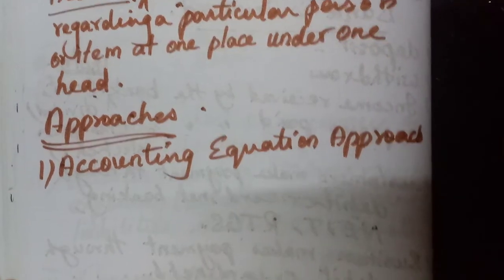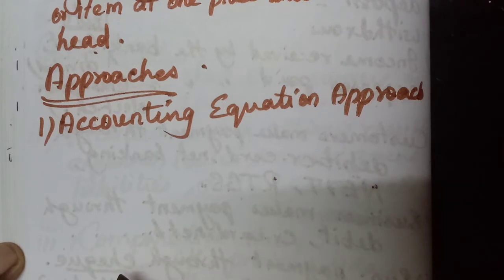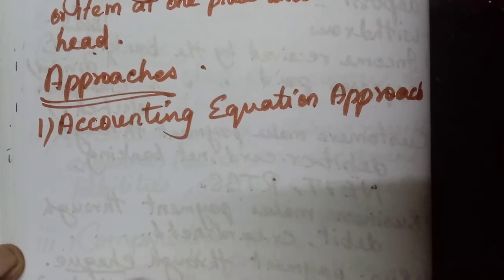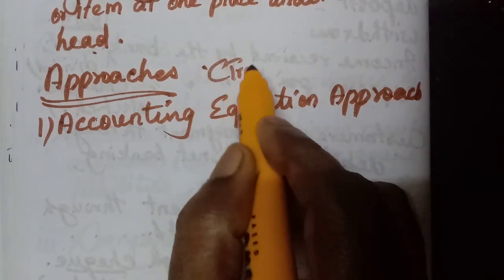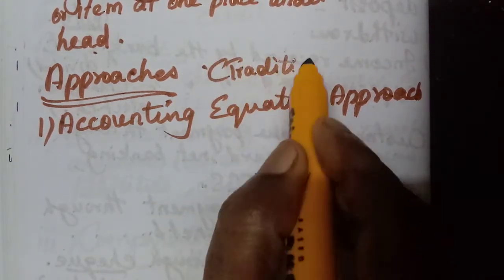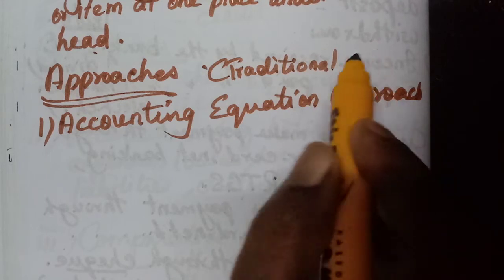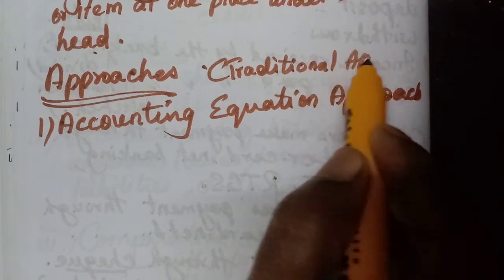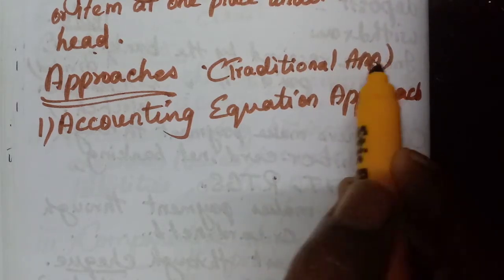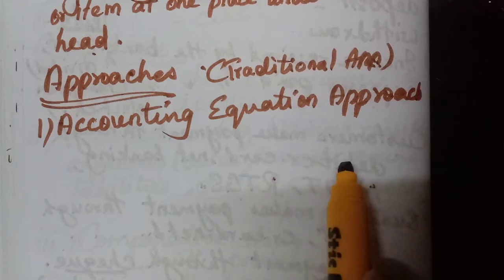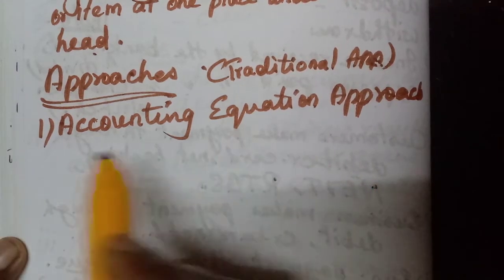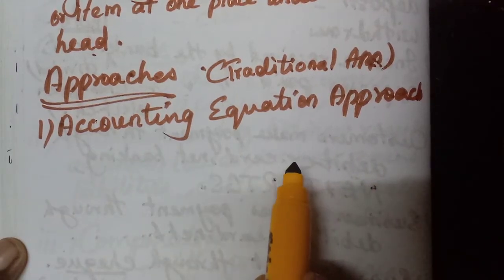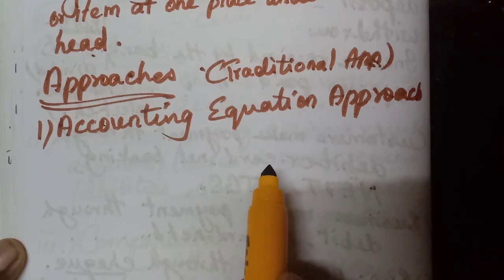The other one is the traditional approach. Those we will learn later. Traditionally we are following that one. This new one may be the accounting equation. So we will see what the accounting equation approach is.